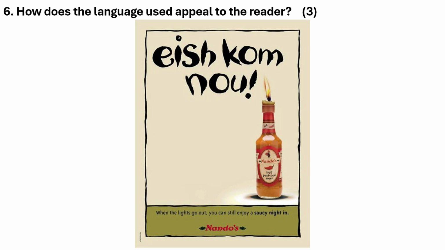So you could, in this question, argue that this language wouldn't appeal to the reader because it contains some sexual innuendo, and that might actually put some readers off. And they might also find the use of dialect a little bit too informal and therefore disrespectful.